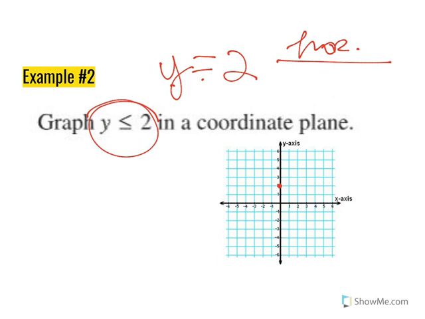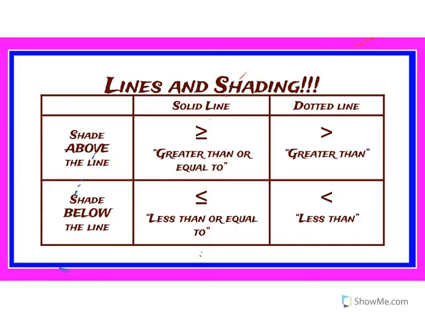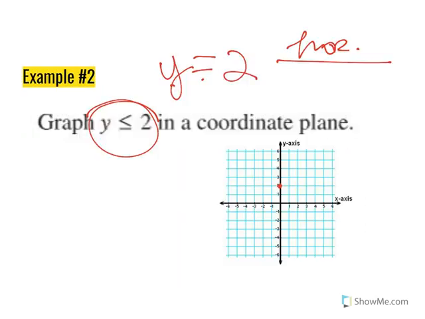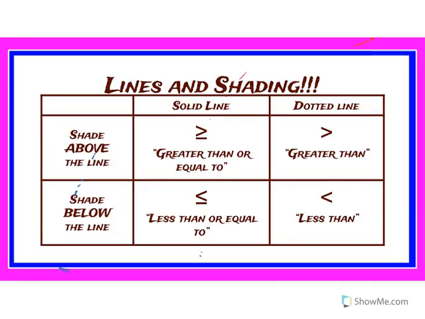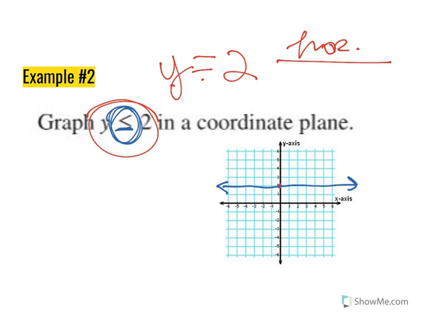But first we need to think back to our table and look at our sign here. It is less than or equal to, so that means we have a solid line. Next we need to think about where we are going to shade.